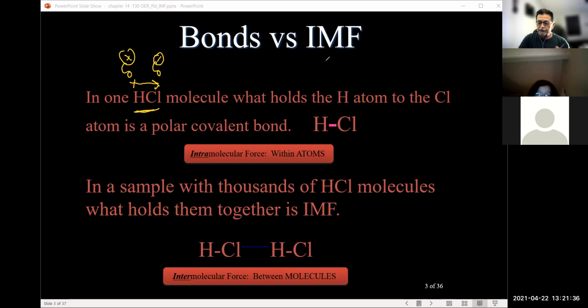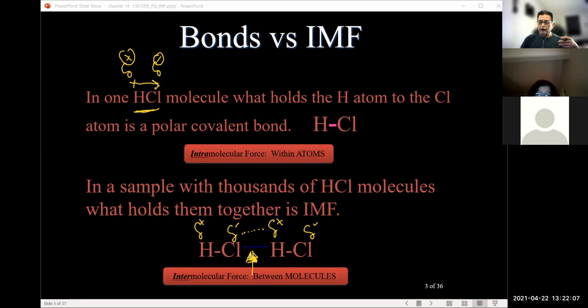Well, think about this for a moment. Because of the polarity of the molecule, like we just drew up here in the top left, realize that we have a partial positive on the hydrogen, right? And we have a partial negative on the chlorine. Well, guess what? We have an interaction going on there because we've got the positive being attracted to the negative. And that's what results in this intermolecular force.